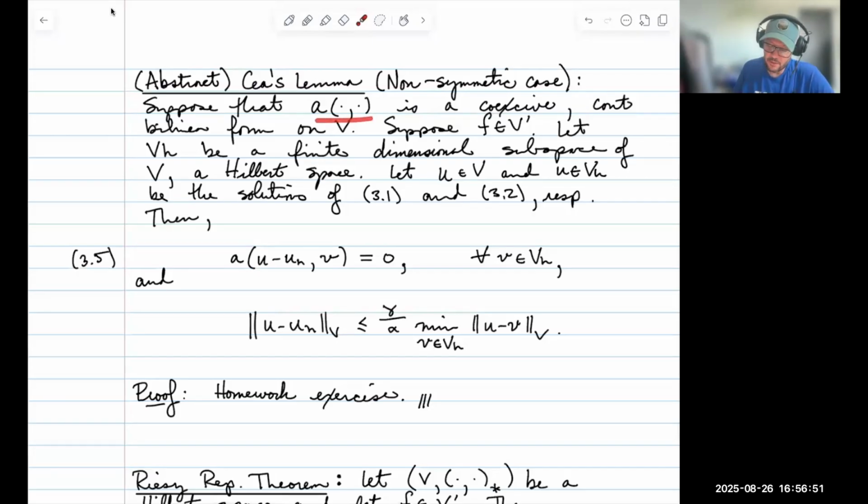Suppose that A is a coercive continuous bilinear form on this space V. We can assume that V in this setting is a Hilbert space because we really need the solution to exist and be unique. Suppose that F is in V prime, the dual space, so it's a bounded linear functional.